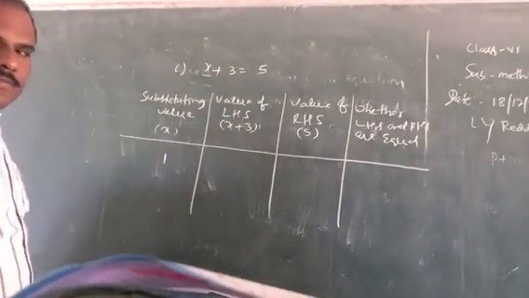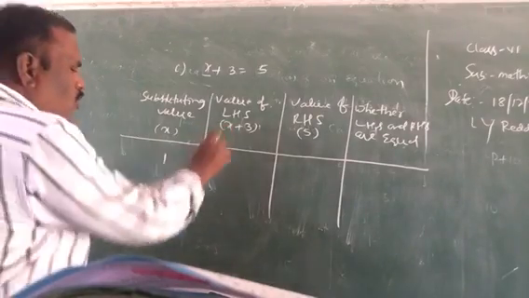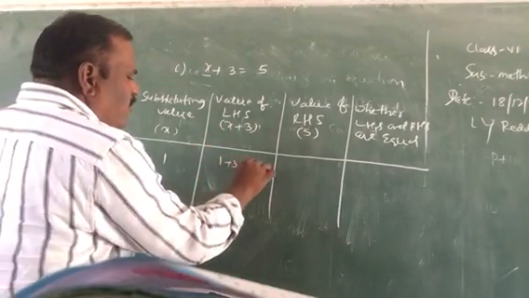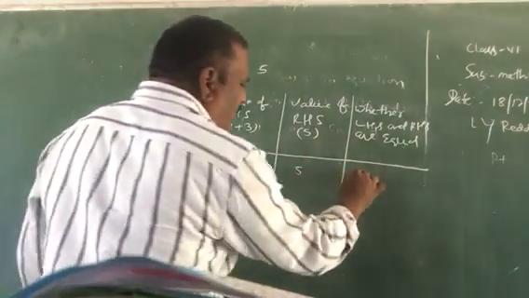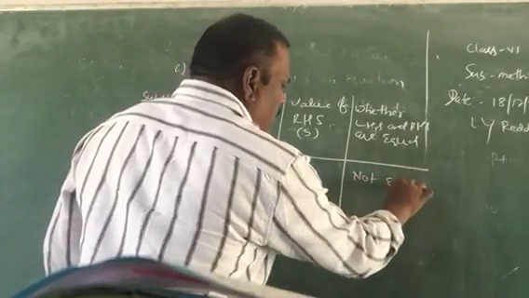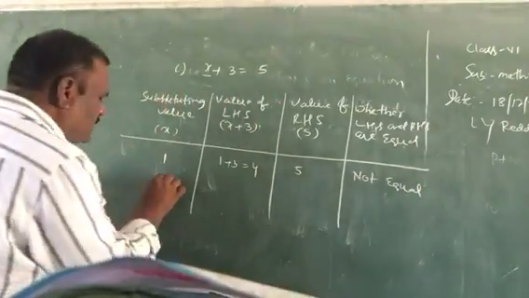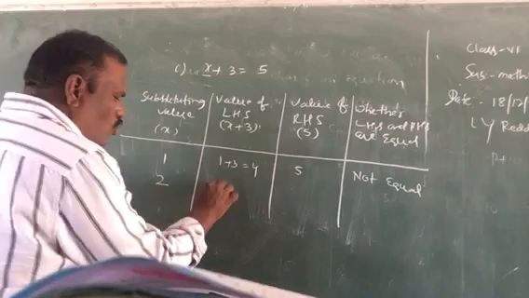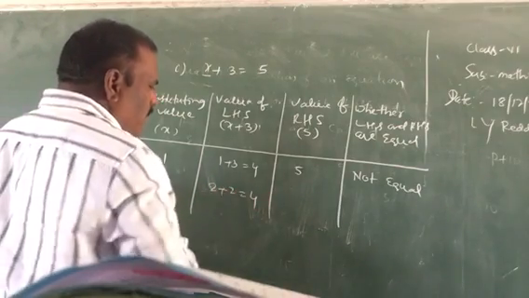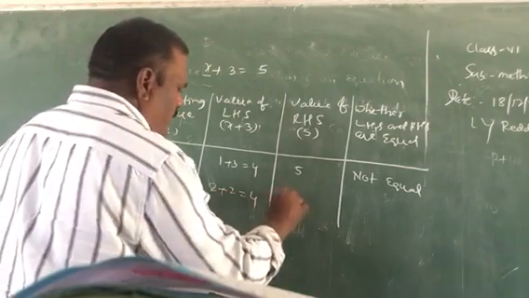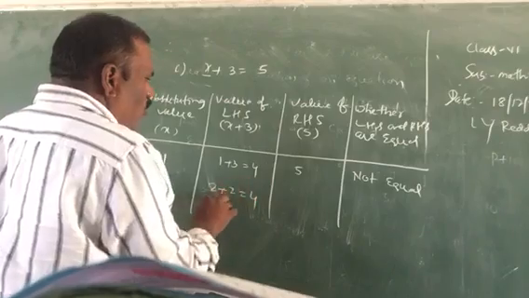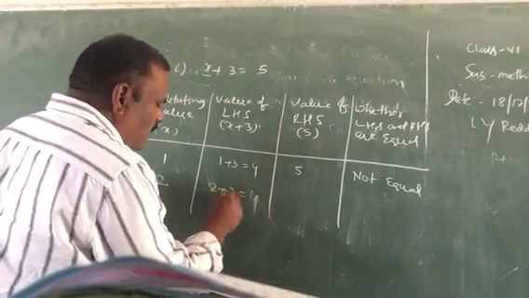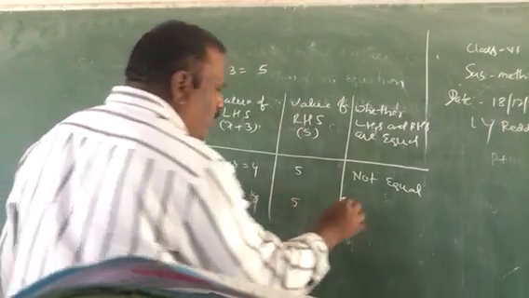Let x equal to 1. So 1 plus 3 equal to 4, here 5, so not equal. For example, x equal to 2: 2 plus 3 equal to 5, here 5, so equal.